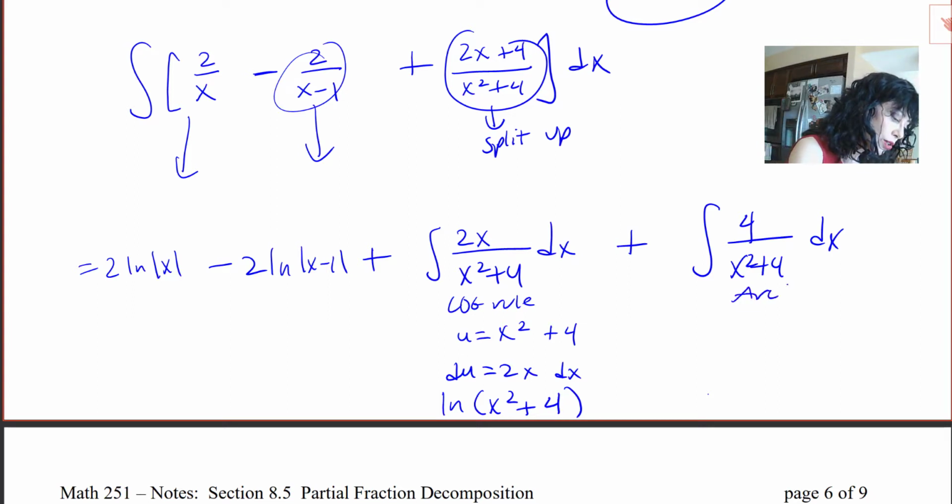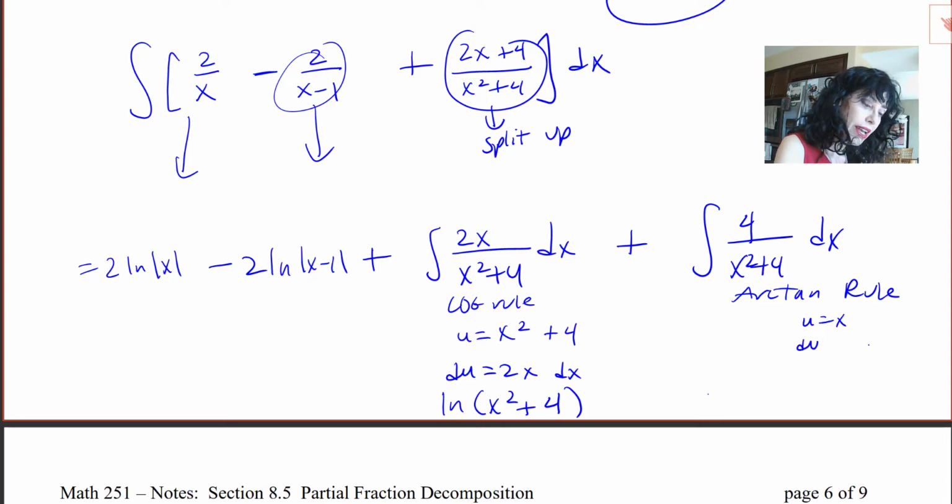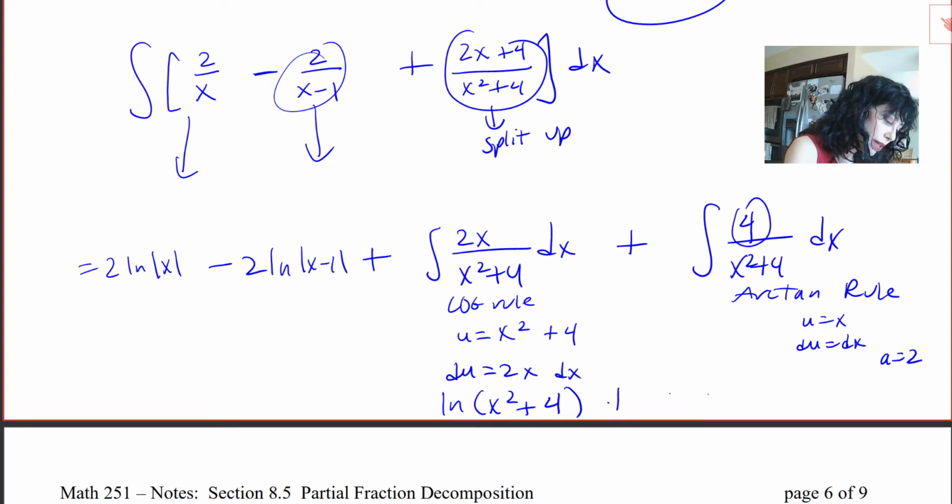This last term, you're going to need to use the arctan rule for integration. U is x, du is dx, and a is 2. And you also have this 4 here, so I'll keep that in the mix. You'll have 4 multiplied by 1 over a, 1/2, times arctan of u over a. So that's x over 2 plus c.